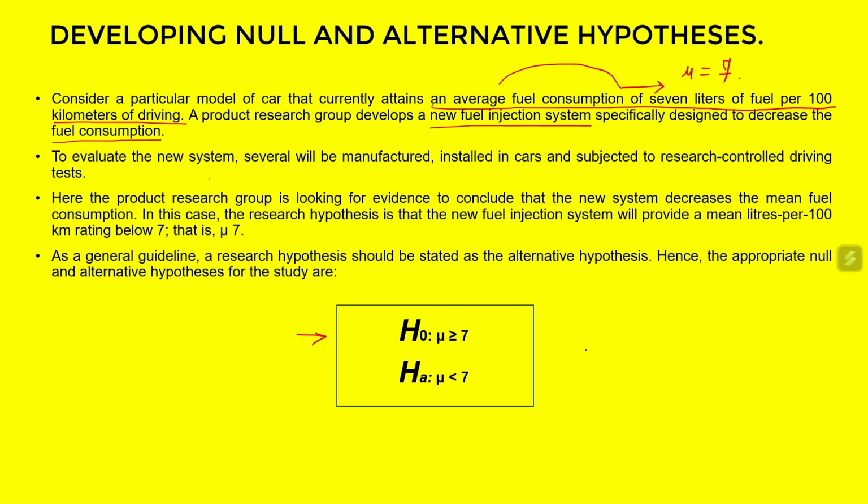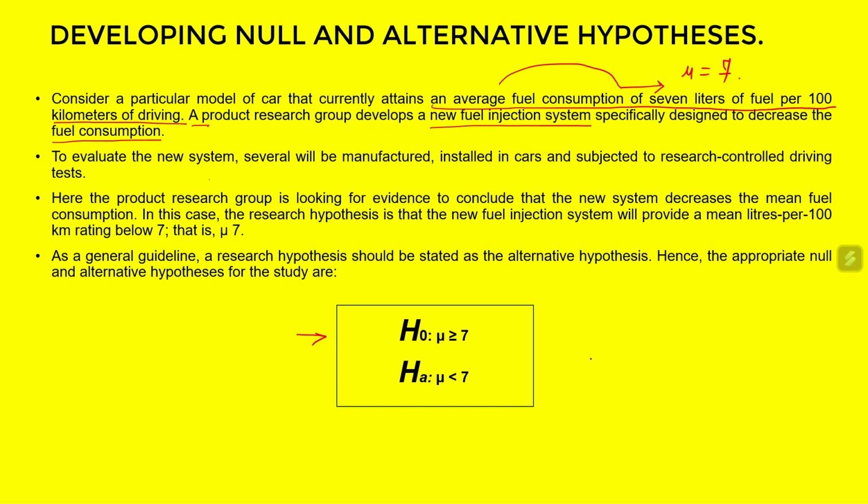So as previously in the slide it was stated that it is easier sometimes to identify the alternative hypothesis first, then the null hypothesis is identified after the identification of the alternative hypothesis. So here in this case, a product research group develops a new fuel injection system.